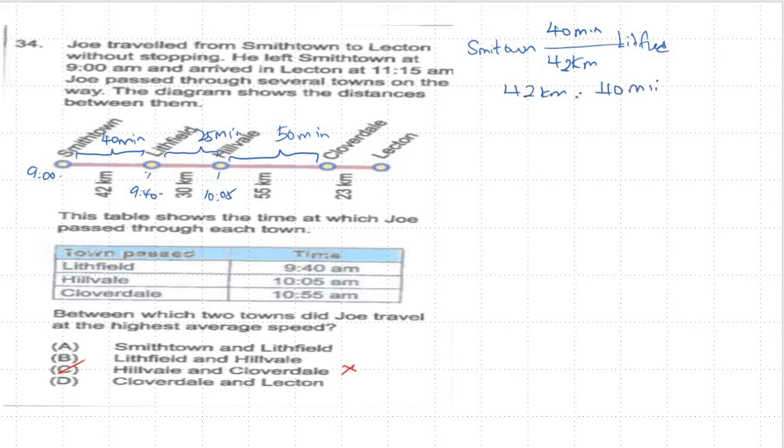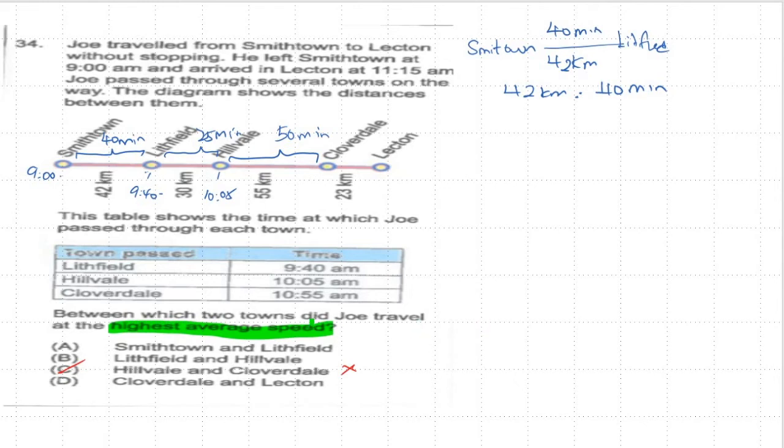So I'm asking you which one has the highest average speed. I'm not interested in which is the speed. That means the less time I use to travel the distance, the faster I am.